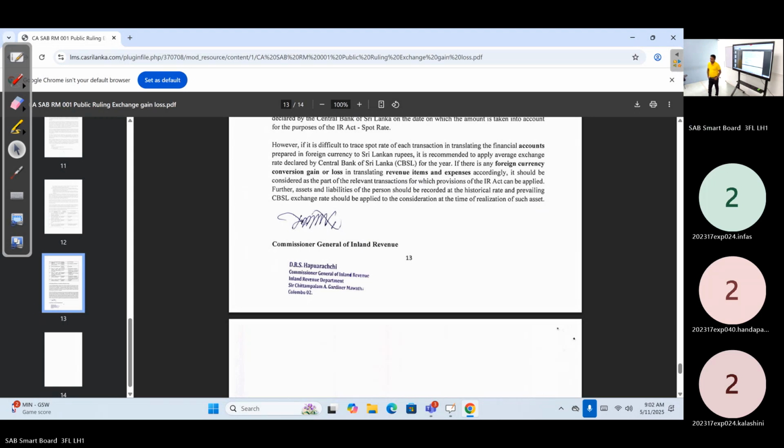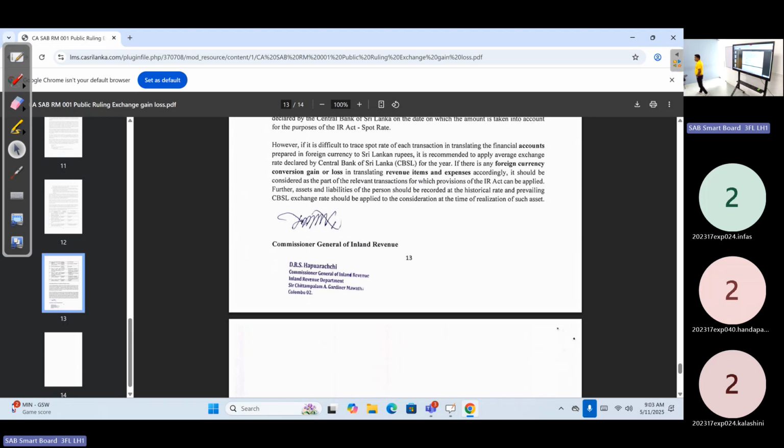right? Right. However, it says thereafter, the assets and liabilities of the person should be recorded at the historical rate, and the prevailing CBSL exchange rate should be applied to the consideration at the time of the realization.